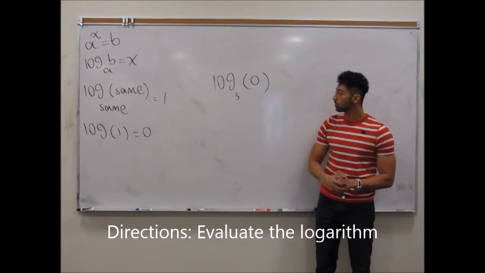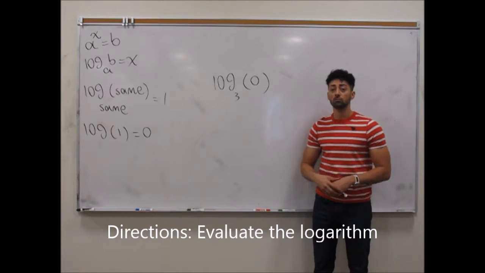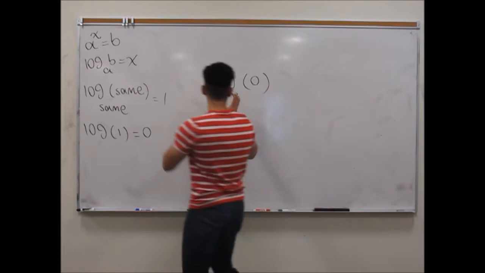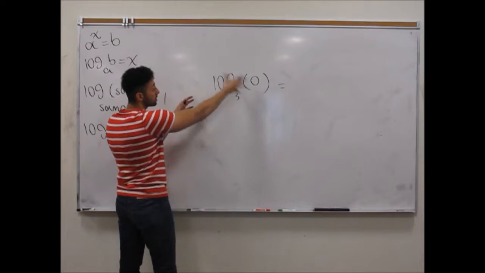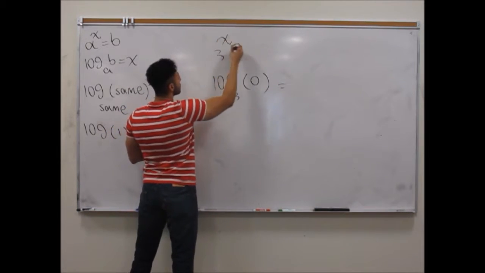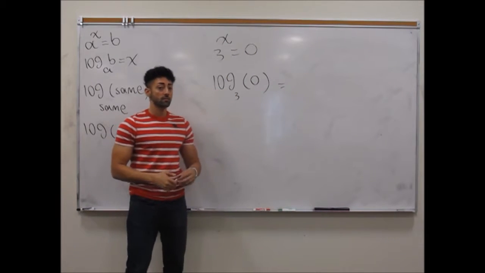Okay, so here's another one. What's interesting about this one is that we have 0 as the argument. So I see log here, so I know eventually this thing is going to spit out an exponent. But what this is saying is 3 to what power is going to give me 0. So let's go ahead and just analyze that for a second.